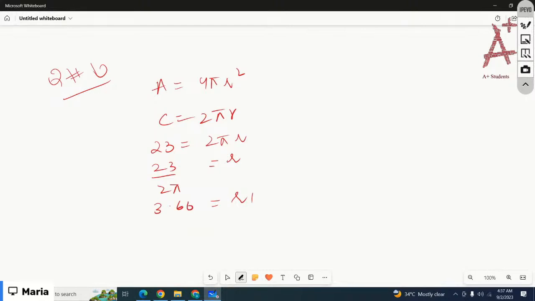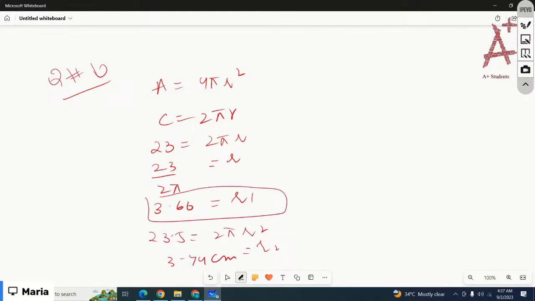Let's just do for 23.5, right? So 23.5 equals 2 pi r2. So r2 equals 3.74 centimeter, right? So just calculate the area for two different values of the radius, r1 and r2. So A1 equals 4 pi 3.66 square. Let's just evaluate.